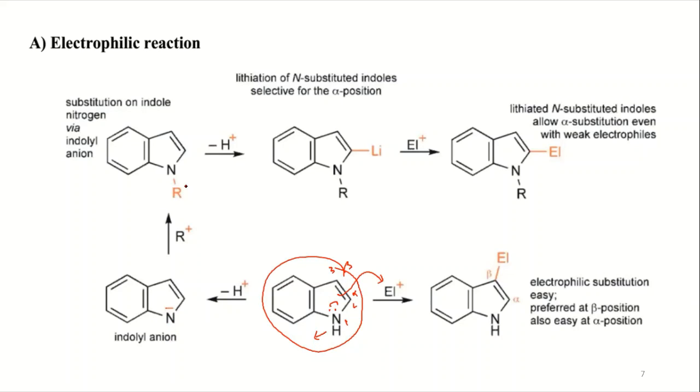Then if you do lithiation, lithiation will occur at this center, so it will abstract the proton. So suppose you are using butyllithium, what will happen? Butyllithium will abstract the proton from here. You have lithiation. Then if you use the electrophile, it will be added at that center.